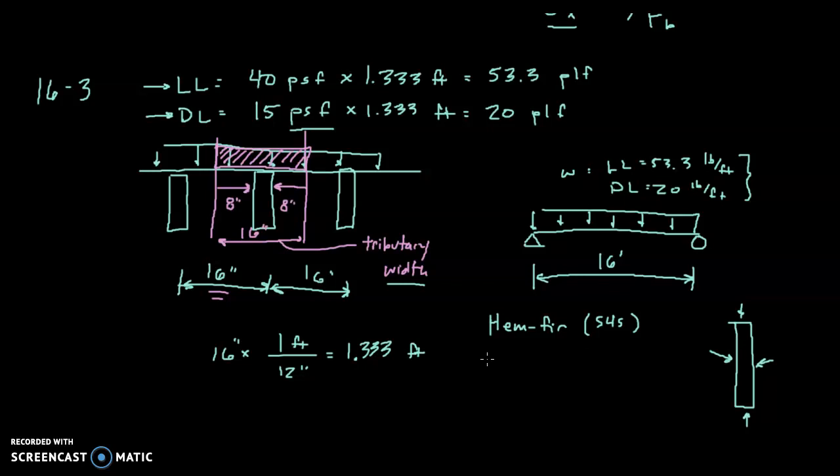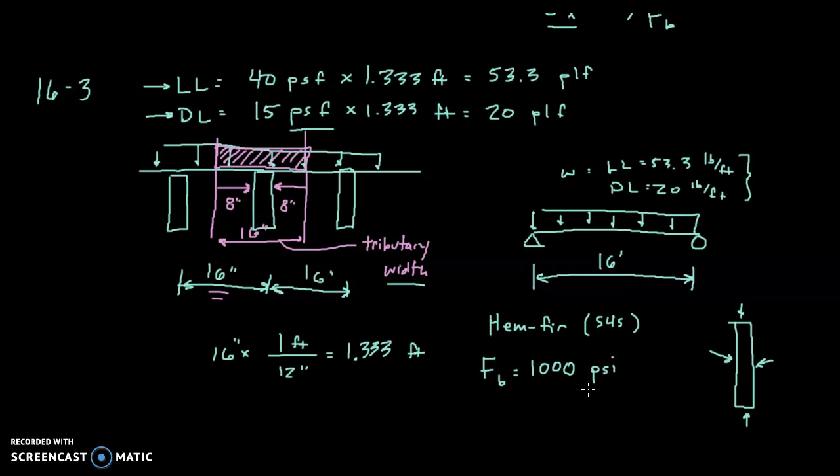We also need to know some other properties of hem fir, such as its allowable bending stress. So we'll have to refer to Appendix F. And we can see that hem fir has an F sub B, an allowable bending stress of 1,000 psi.